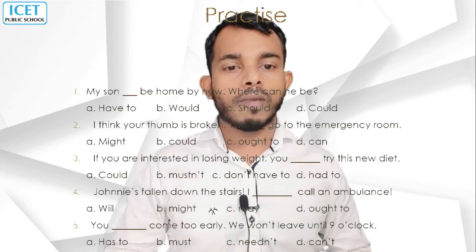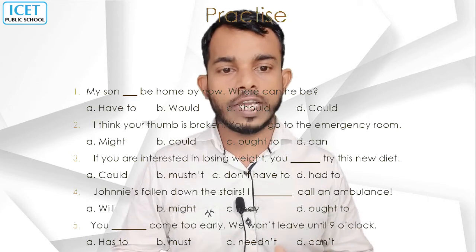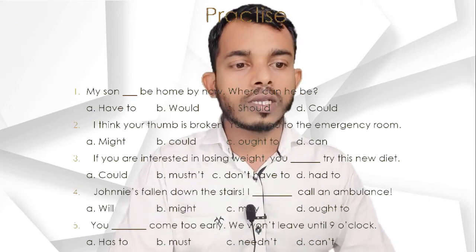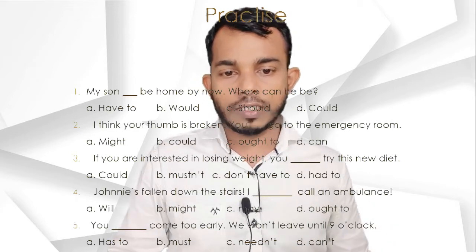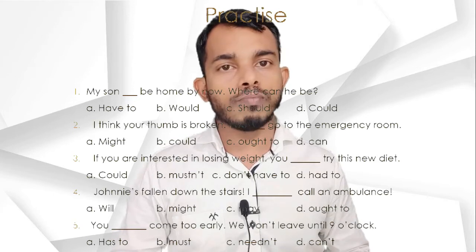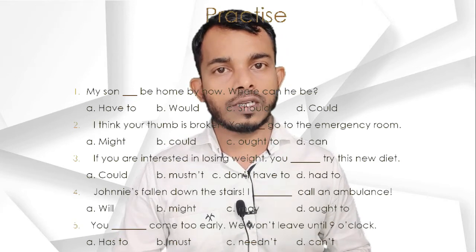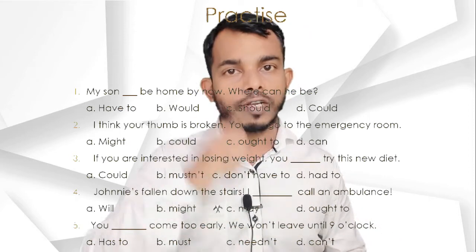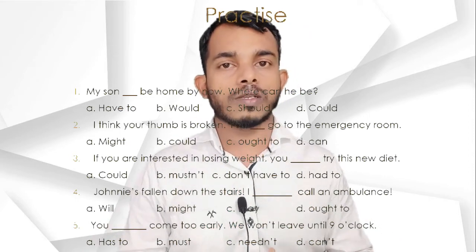First one: my son dash be home by now. Where can he be? My son have to be, would be, should be, or could be. Which one is the right answer? You can send the right answer to me now.